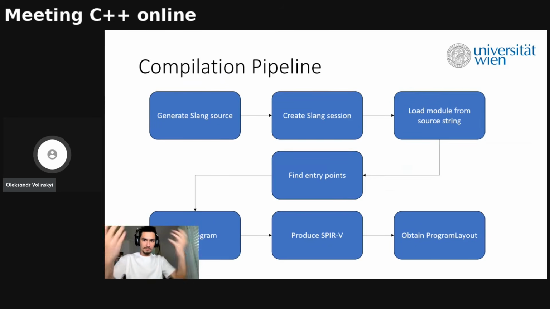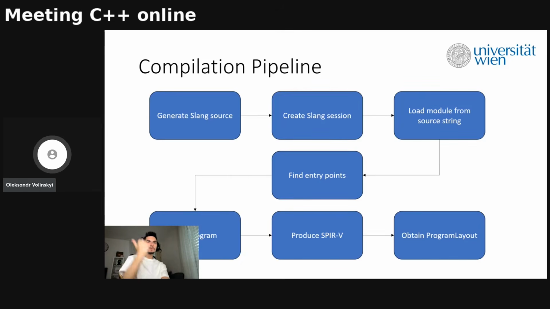Now the compilation pipeline. After we've got our generated Slang code from the shader factory, it goes to the compilation API, so it goes to my compiler. Here, after it was generated, the compilation begins.